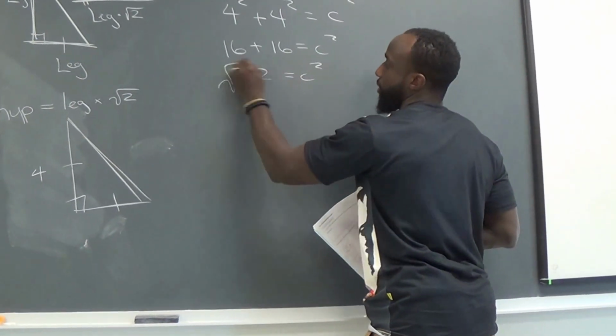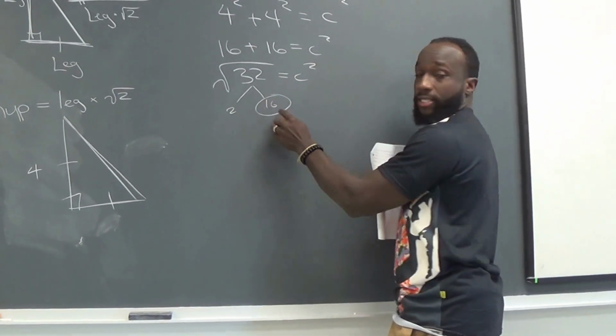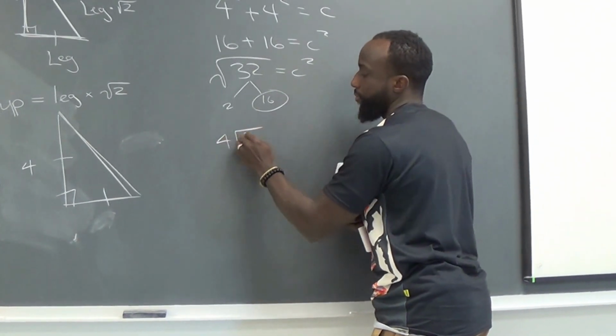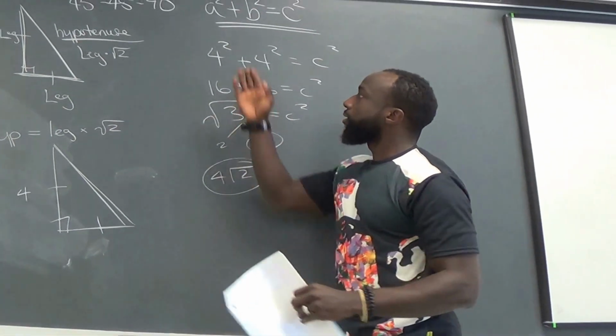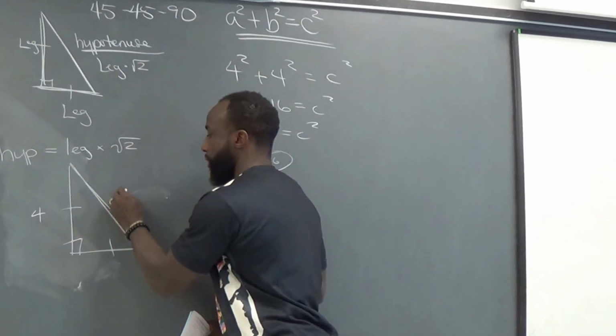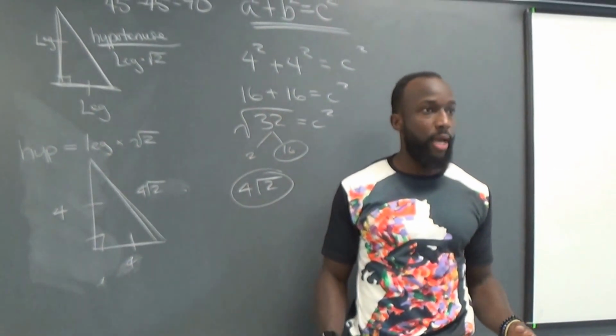Then you take the square root of 32. 16 is a perfect square, and the square root of 16 is 4, so you get 4 root 2. So you see, we took the long way to get it, and if you just know the rules, that's all you gotta do. Boom, just like that.